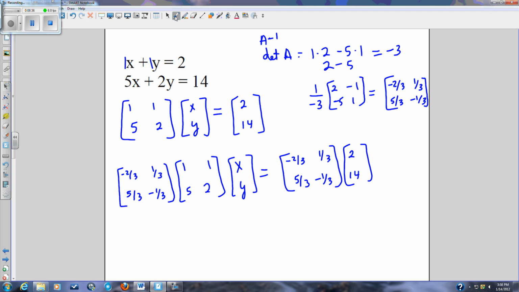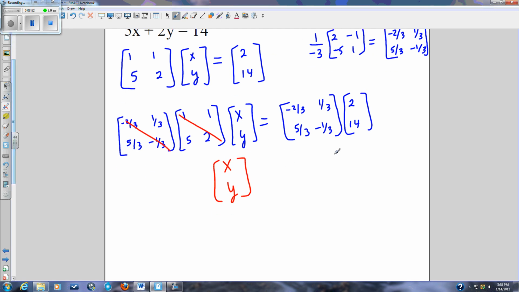Now, when we go to actually do the multiplication, we know that the inverse of A cancels out with matrix A, so these two matrices cancel. So we have just x and y left.